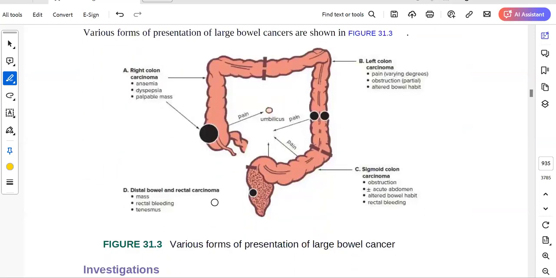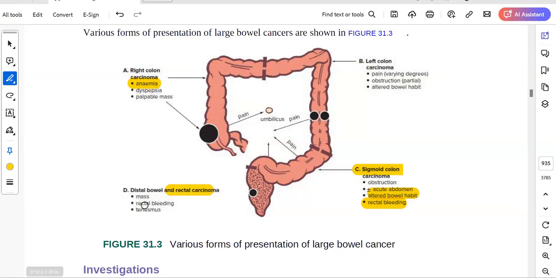If you look at this picture, you can see how the site of the cancer can cause different kinds of symptoms. We say that if it is on the right side, like a cecal cancer, the patient most of the time comes with iron deficiency anemia. Whereas if it is a sigmoid colon cancer, they come to us with per rectal bleeding or altered bowel habit.